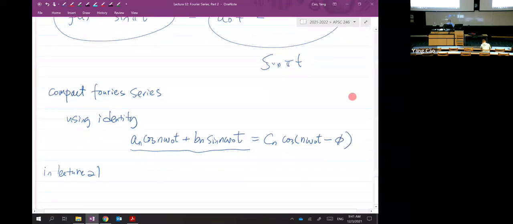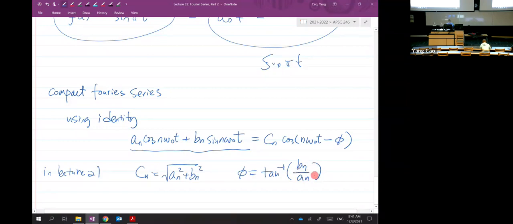So this makes it a little bit more compact. And Cn equals the square root of an squared plus bn squared. That's your Cn value. The phi angle equals the inverse tan of bn over an. That's the phase angle.